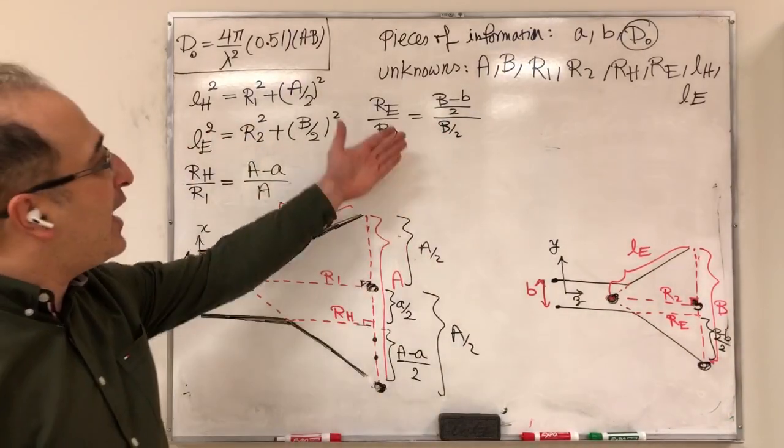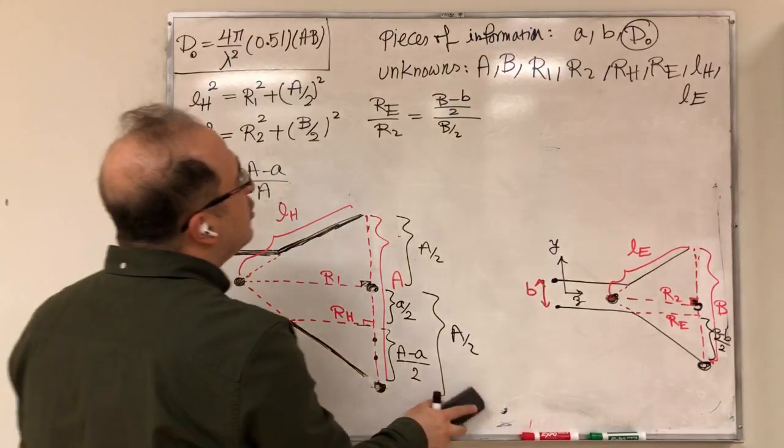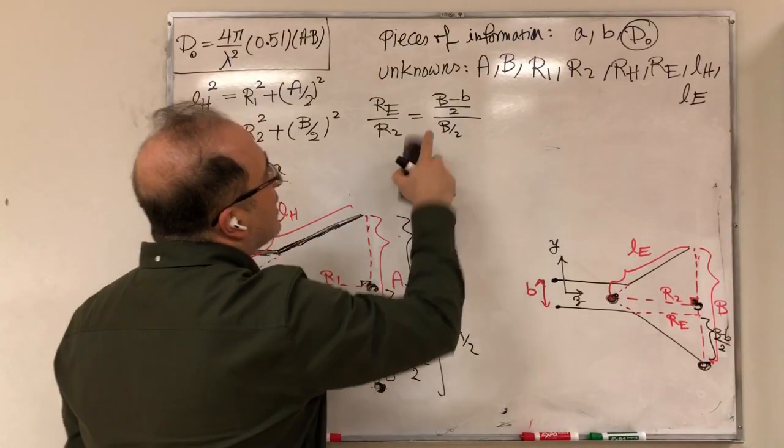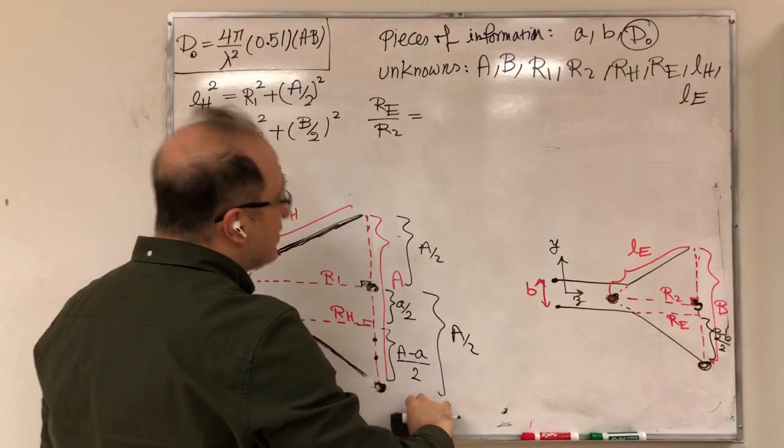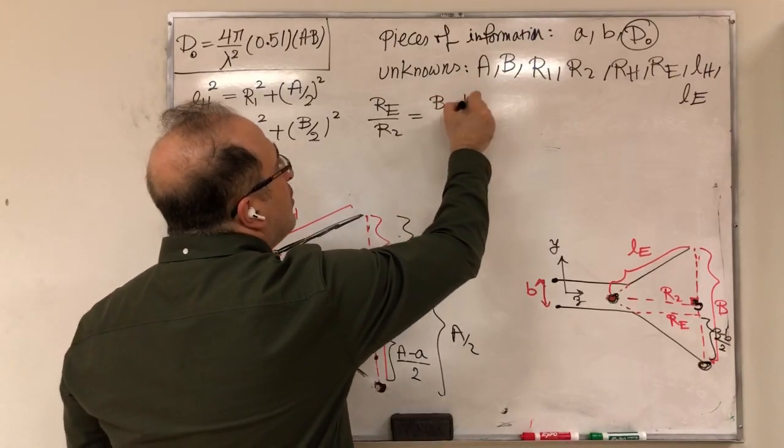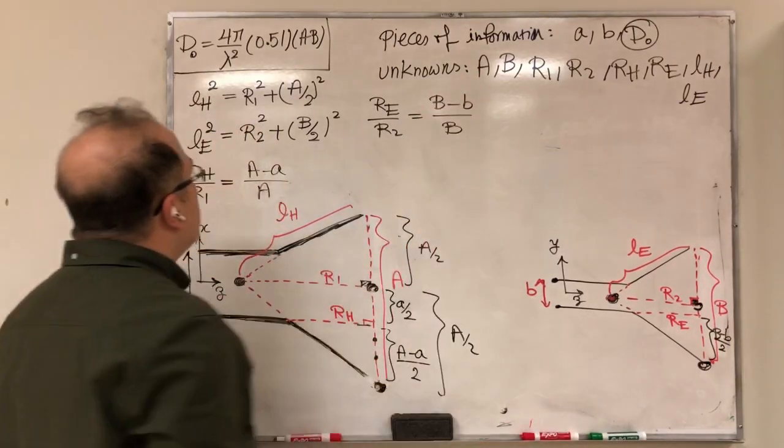So now you can cancel 2, and then you get capital B minus small b divided by B.